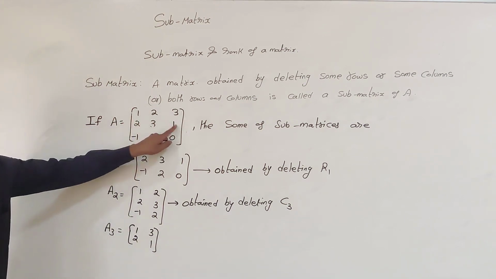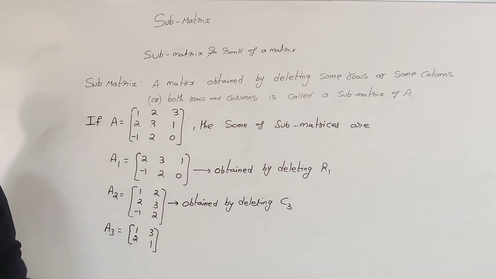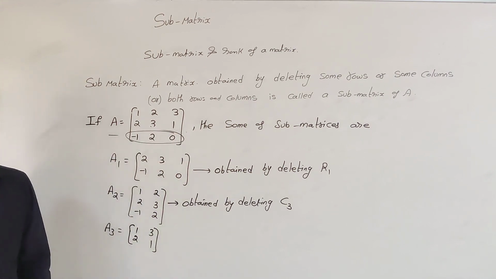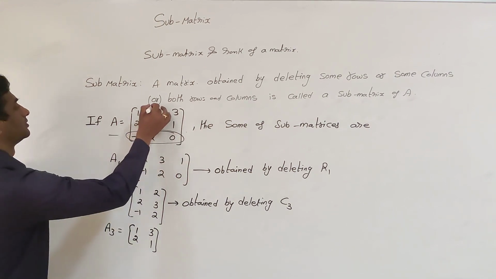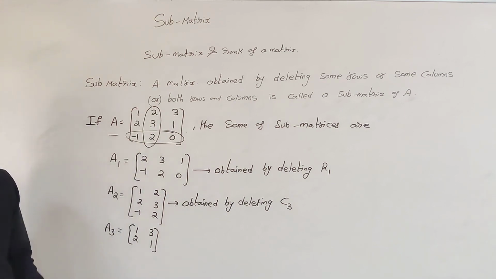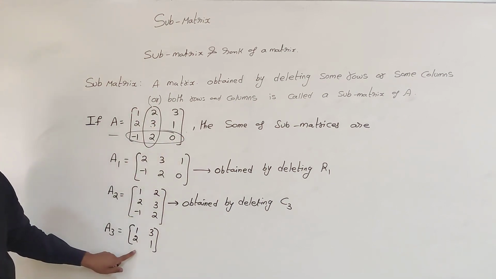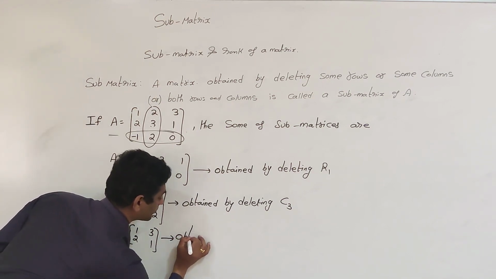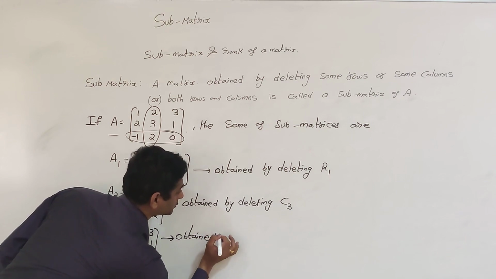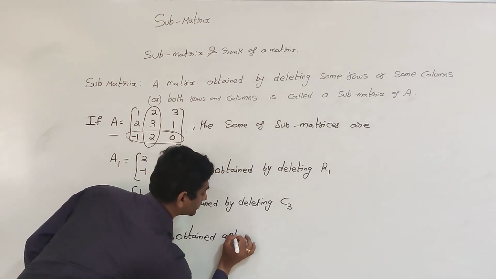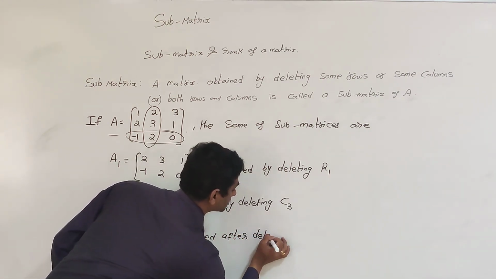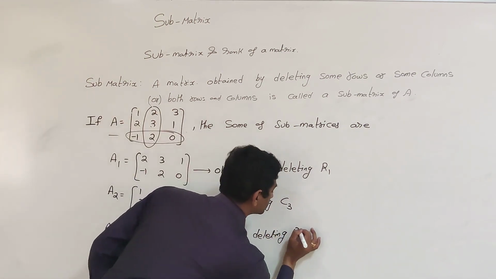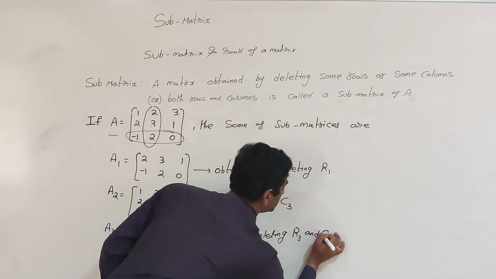It is obtained after deleting the third row as well as the second column. The positions are the same. So it is a submatrix obtained after deleting R3 and C2.